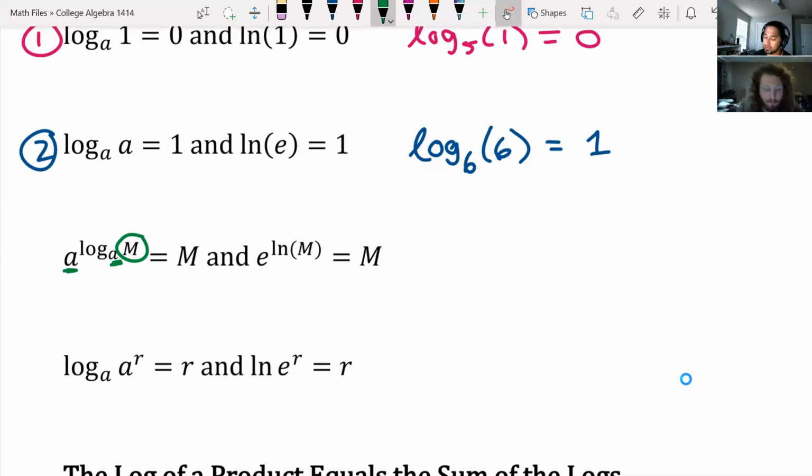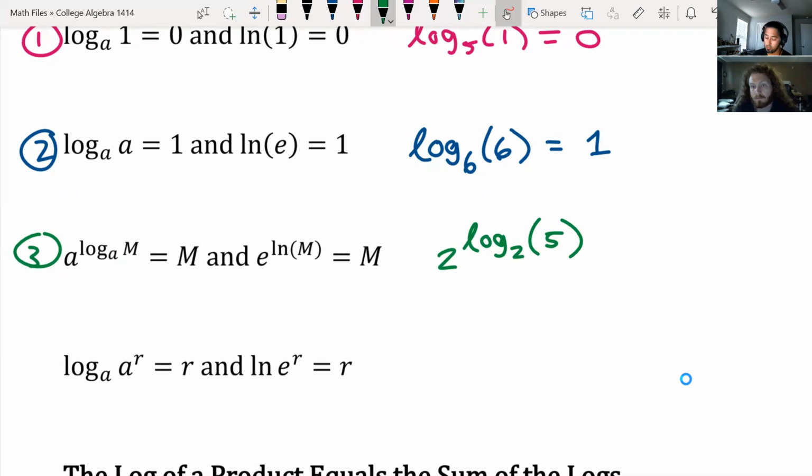So a raised to the log base a of m is m. And the same goes for the natural log. e raised to the natural log of m is also m. Okay, good example of that. Let's say we did 2 raised to the log base 2 of 5. Well, these bases match. They would cancel each other and just leave you with 5.